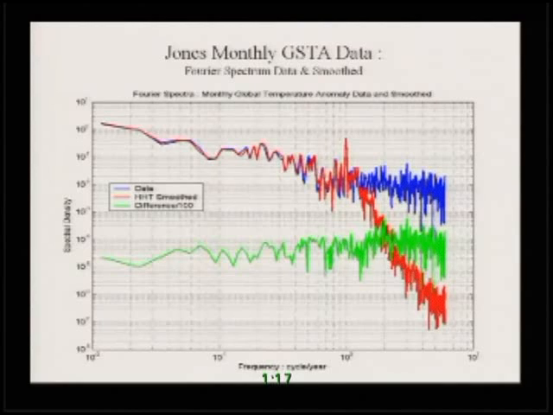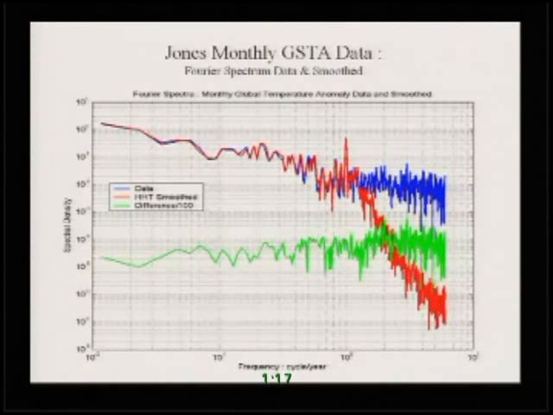Not only that, the original spectrum looks like this, and the cleaned up spectrum looks like this green one, which goes up beyond 1 year, about 8 months, and then drops. So I successfully removed all the fluctuation shorter than a year. If you have fluctuation shorter than a year and then you downsample, you have aliasing.